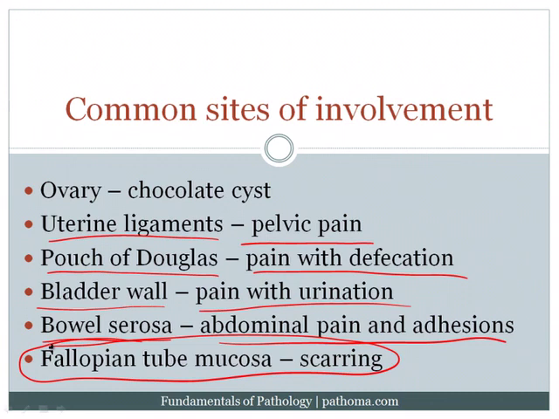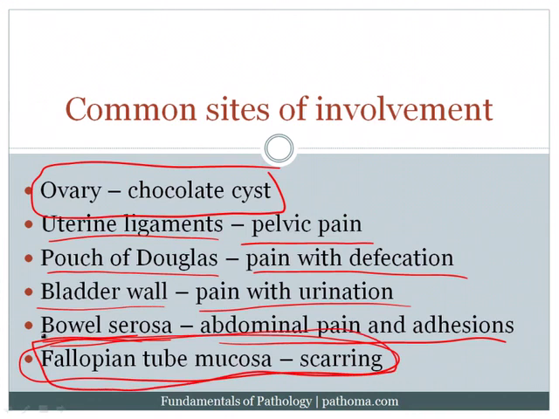So these are common sites of involvement. These are some of the complications. I think if you understand a little bit of basic anatomy, it's not hard to understand these classic signs and symptoms. Again, chocolate cyst being the most important of these, and fallopian tube scarring with the subsequent risk for both infertility and for ectopic tubal pregnancy being the second most important on this list.